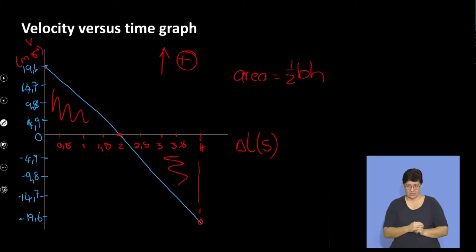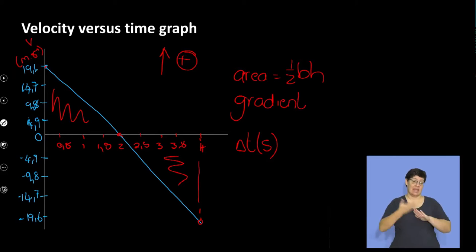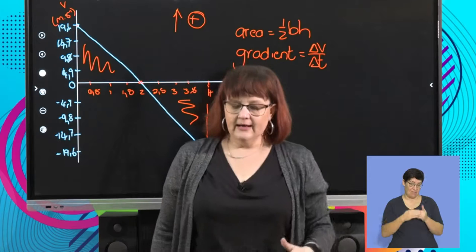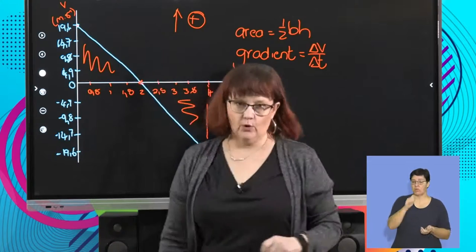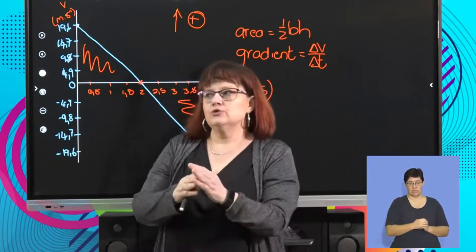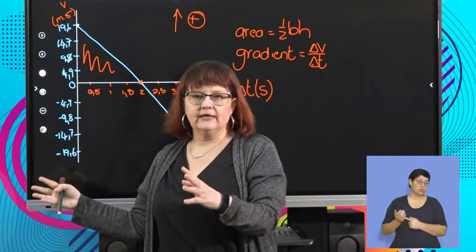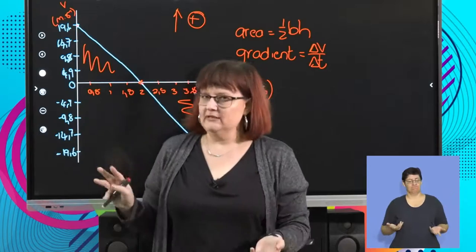Gradient, which gives me the acceleration, is the change in the y value, which is v, divided by the change in the time value. Please be careful with these ones, because what happens here is, say I use a point that's 0, you don't show the 0 in your calculation, and then you run into trouble.